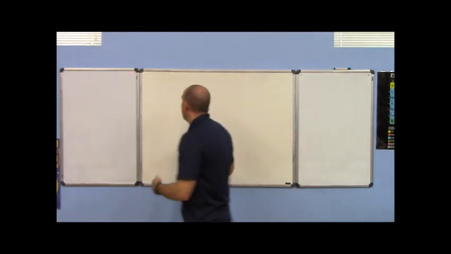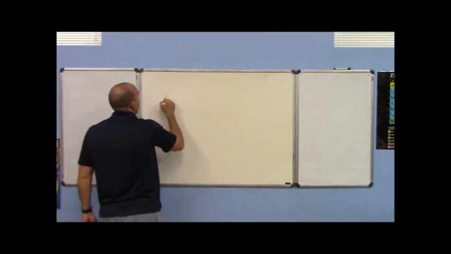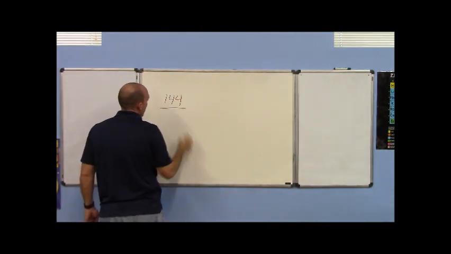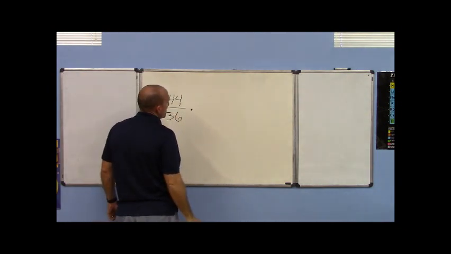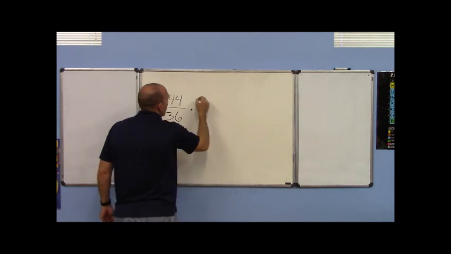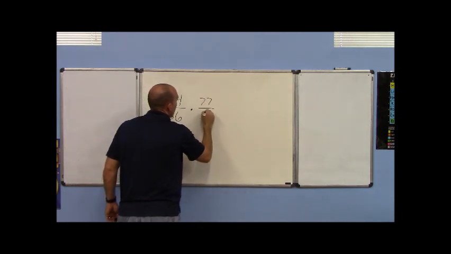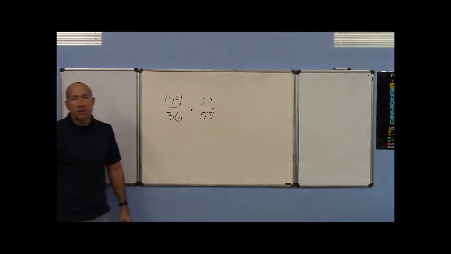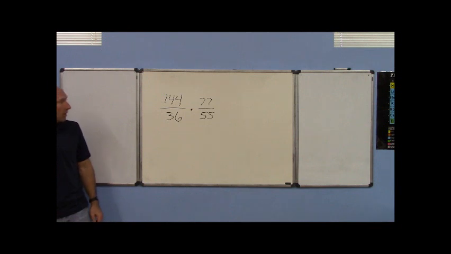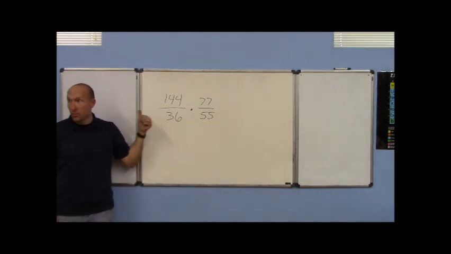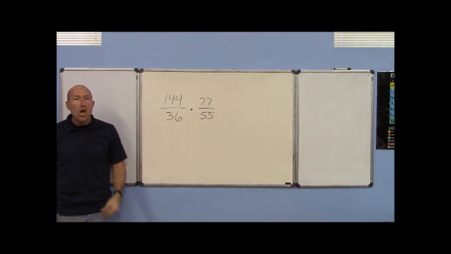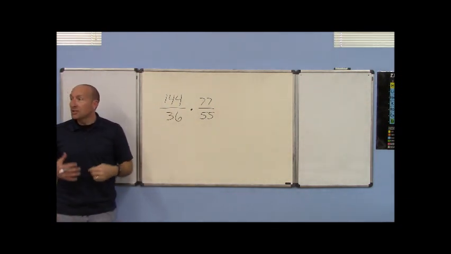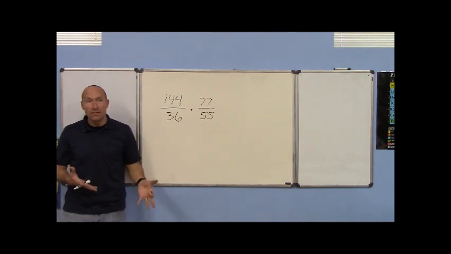However, if you saw, say, 144 over 36 times 77 over 55, and you're not allowed to use a calculator. Oh, man, no. Do you want to multiply these out? 144 times 77 and then 36 times 55? No, nor should you. You can actually simplify this and make your life a whole lot easier.